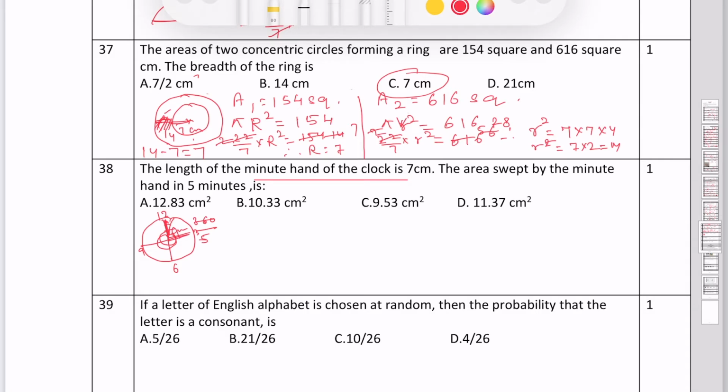It is 90 degree. If I say from this distance is 90 degree, so for 5 minutes it will be 1/3 of that. So 5 minutes will be 30 degree.